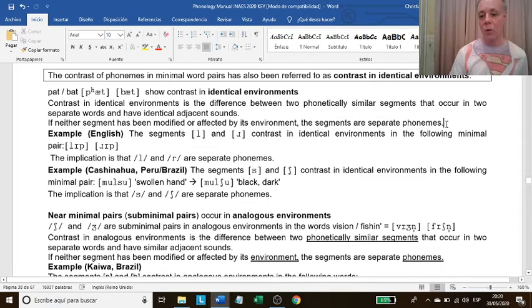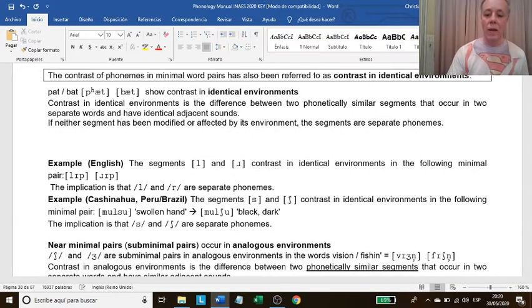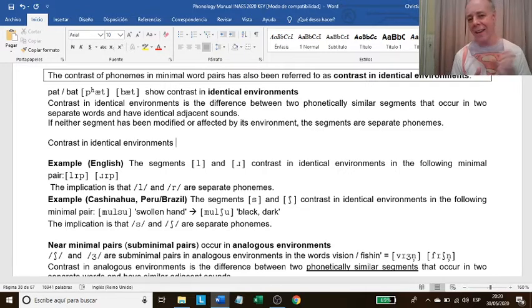Okay? So conclusion then. Whenever I see contrast, let me write that. Contrast in identical environment. There is another concept, another phrase that summarizes contrast in identical environments.